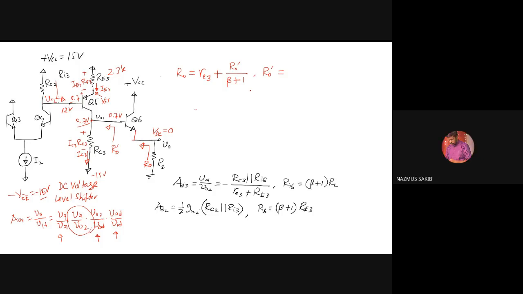Sir, RL by beta plus 1? Hmm? Sir, RL by beta plus 1? Oh my gosh. If you look towards the base, then it will be RL divided by beta plus 1.